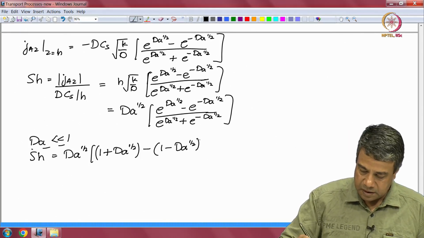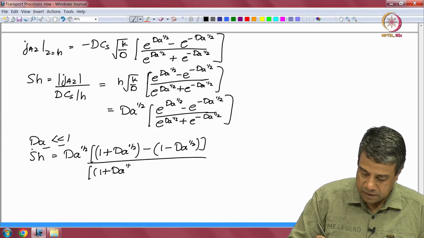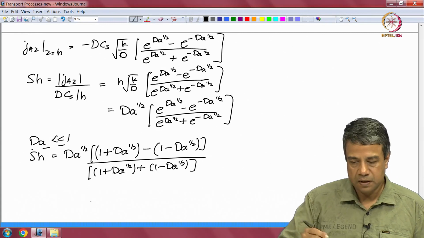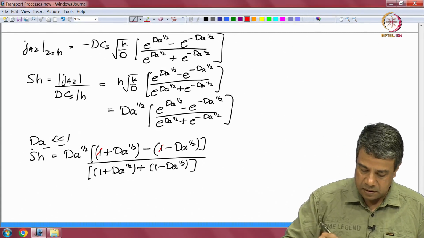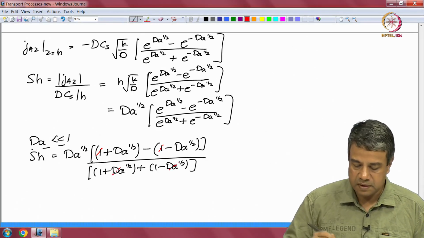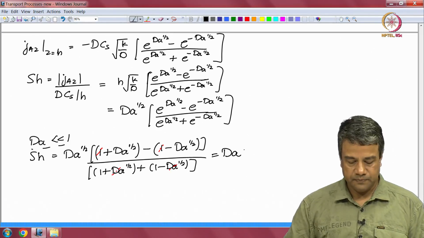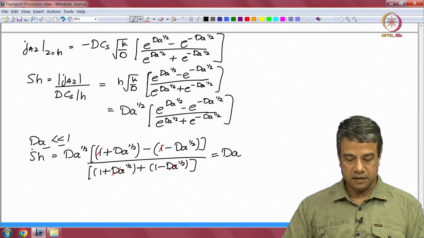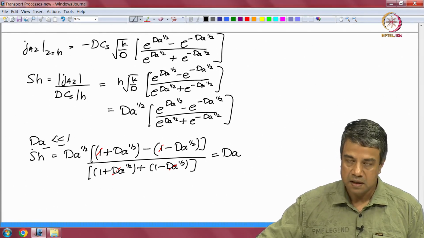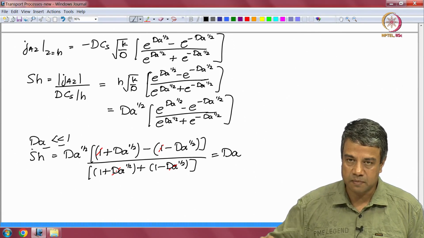And I divide this by 1 plus Da power half plus 1 minus Da power half. In the numerator, the 1's will cancel out. In the denominator I can cancel out Da power half because it is much smaller than 1, and in that case this just becomes equal to the Damkohler number. So, that is the limit of small penetration, the limit where the penetration depth is much larger than the layer thickness. Damkohler number is much smaller than 1, because Damkohler number is h square divided by the penetration depth square.